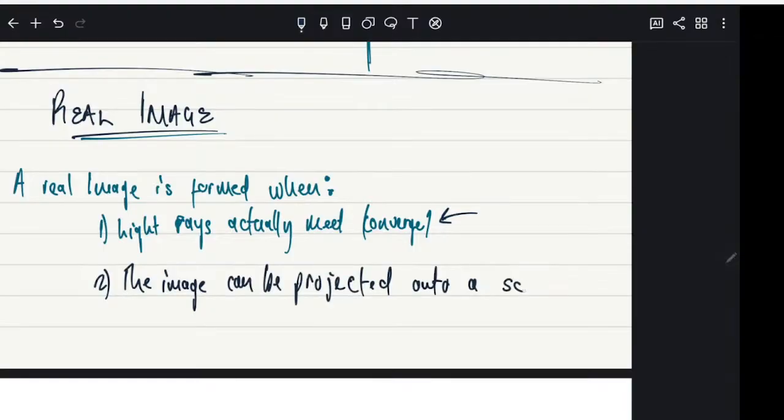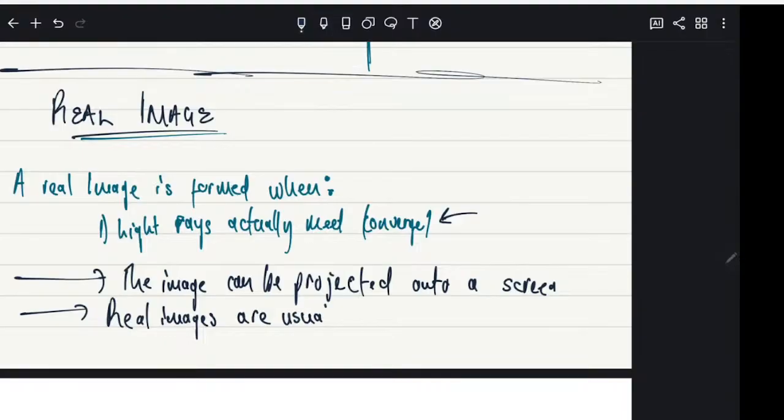Now, put this. Real images are usually, if not all the time, inverted, which means upside down.